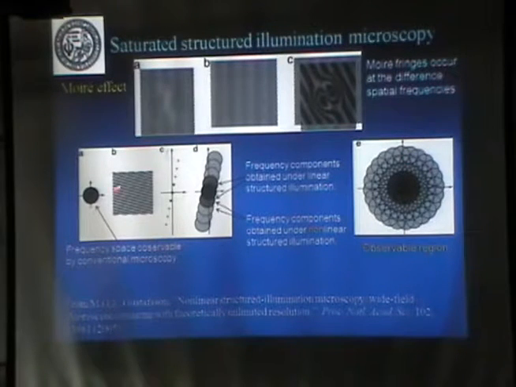So then what you need to do is rotate this grating to different orientations, and you gather a space in the frequency domain that is much larger than the original cutoff. So with that, you can extend the cutoff and increase the resolution. Okay, so this was developed by Gustafsson, then at the University of California, San Francisco.